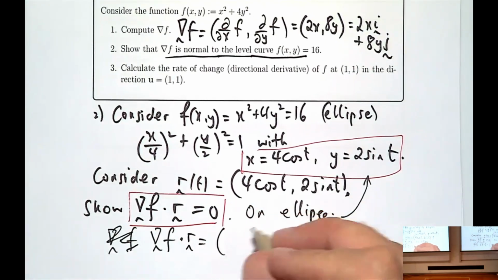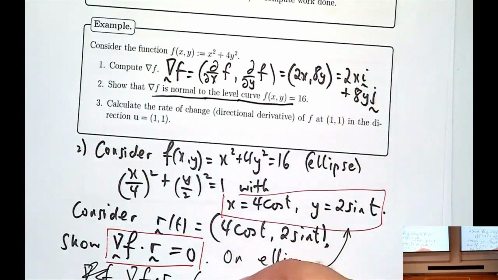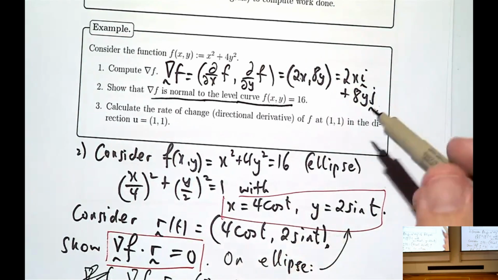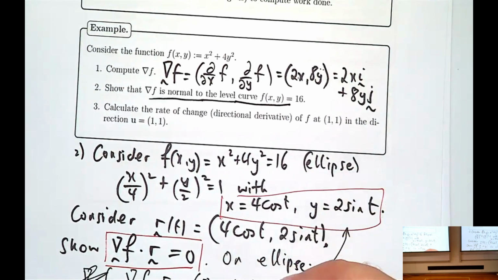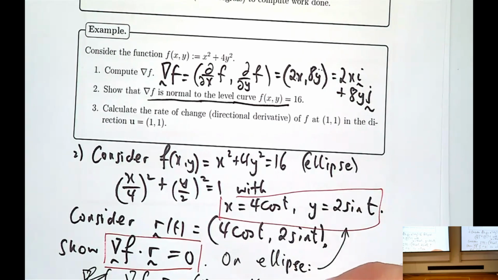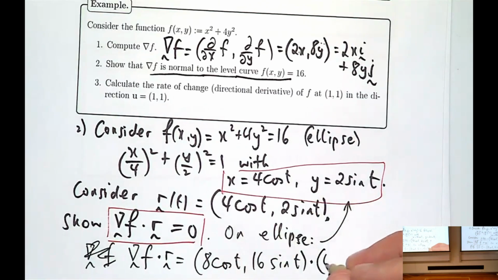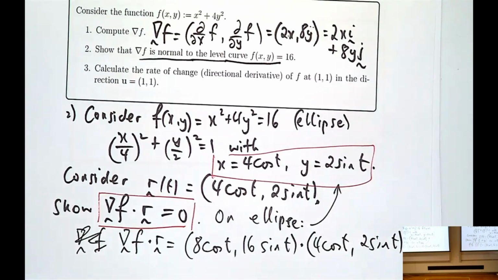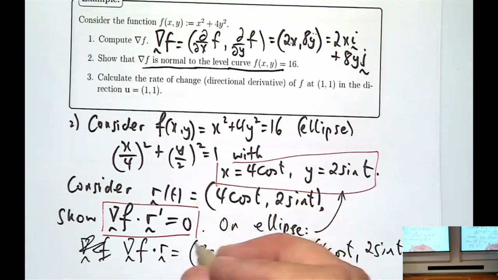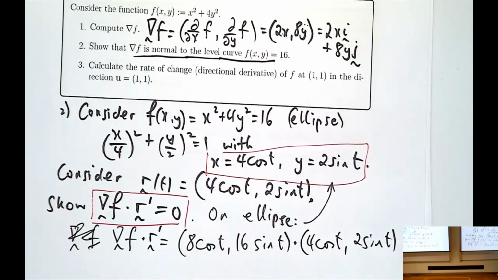So 2 times x is going to be 8 cos t. 8 times y is going to be 16 sin t. And we're dotting it with these two things. Oh, hang on. Not that. The derivative.